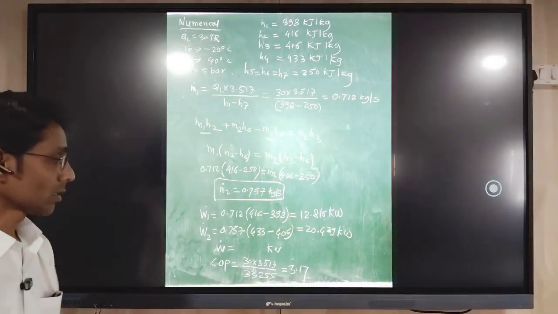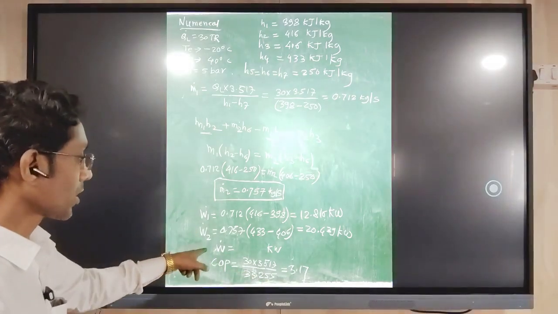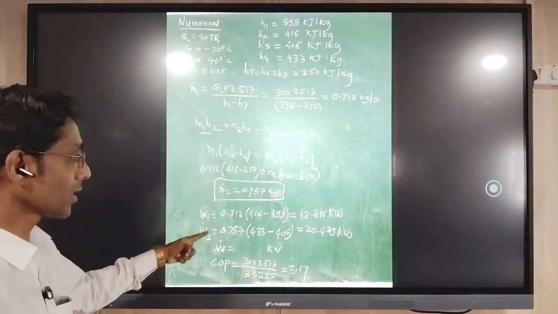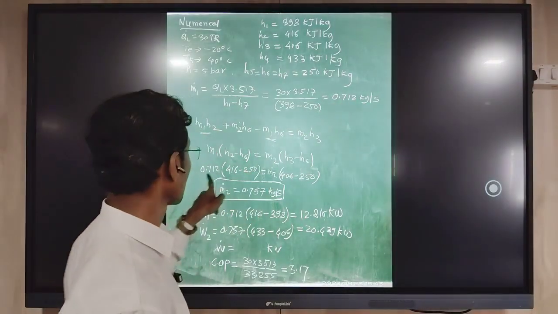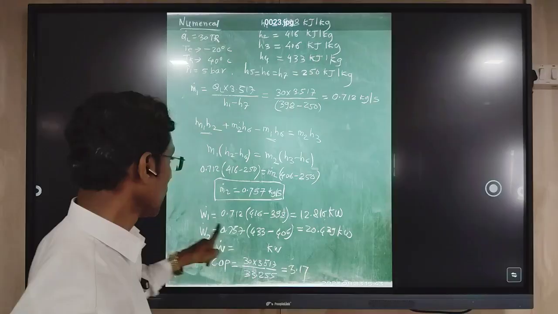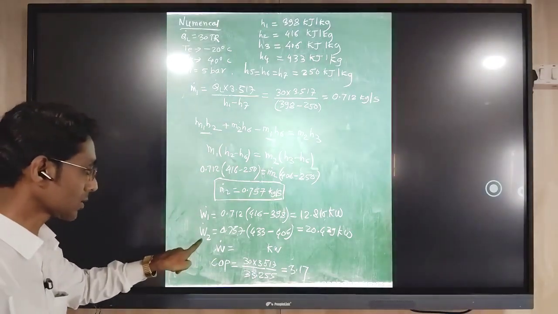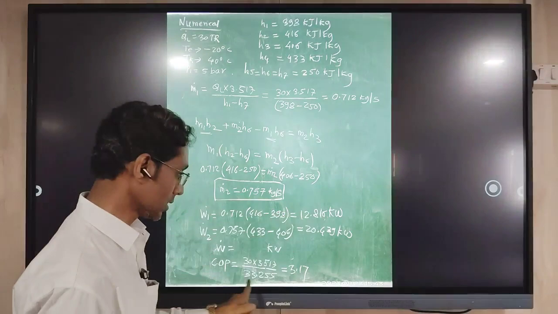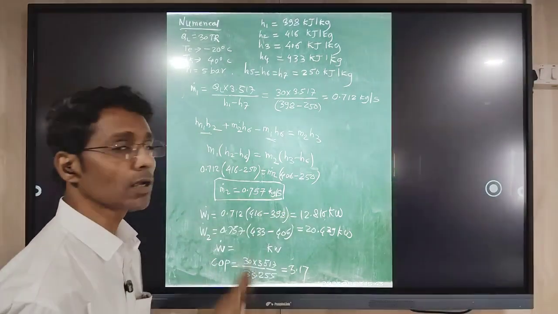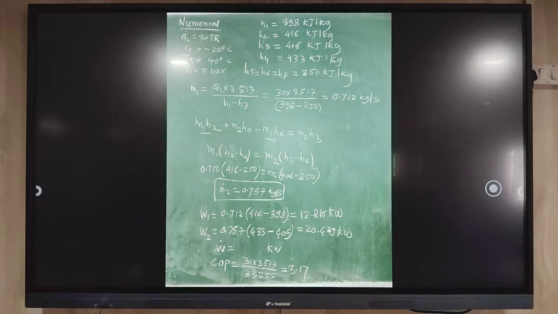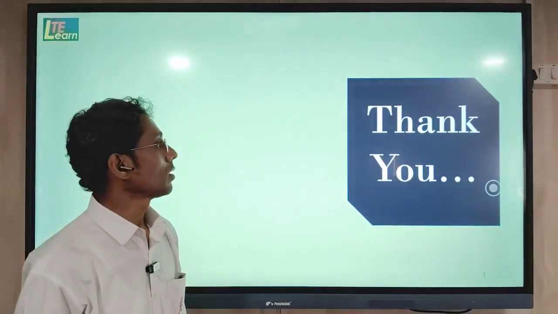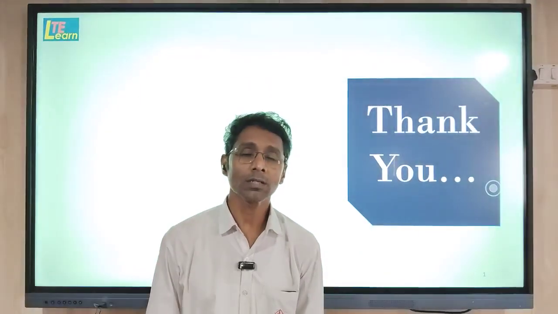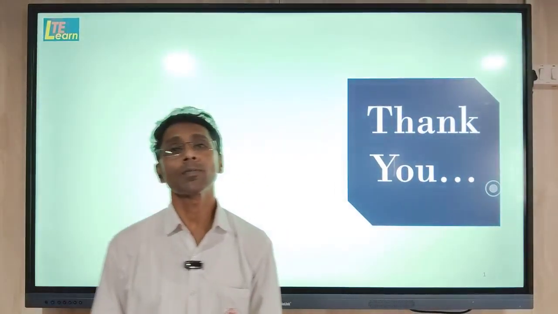So in this way we got the mass flow rates of both compressors, the power consumption of the first and second compressor, the sum of these two, which is the power to drive the system, and the COP of the system. In this way we can solve the numerical on the intercooling method. Let us meet in the next video session for the next method of the multi-pressure system.